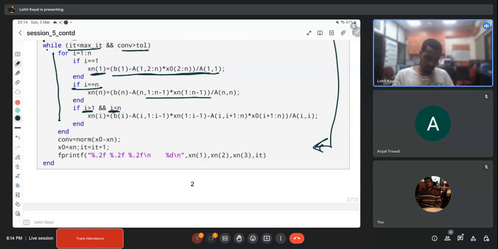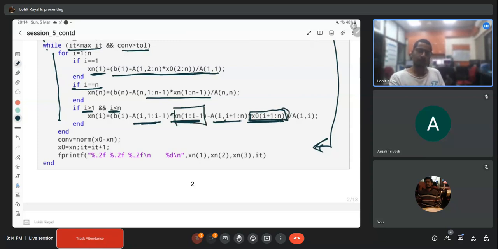Some of them will come corresponding to below the diagonal and some corresponding to above the diagonal. This is the correct term, not upper triangular or lower triangular. The ones below the diagonal are already known to us, that is xn, and some of them will come from above the diagonal, which are still unknown, that is x0. x0 is from my previous iteration, xn is from the current iteration process.